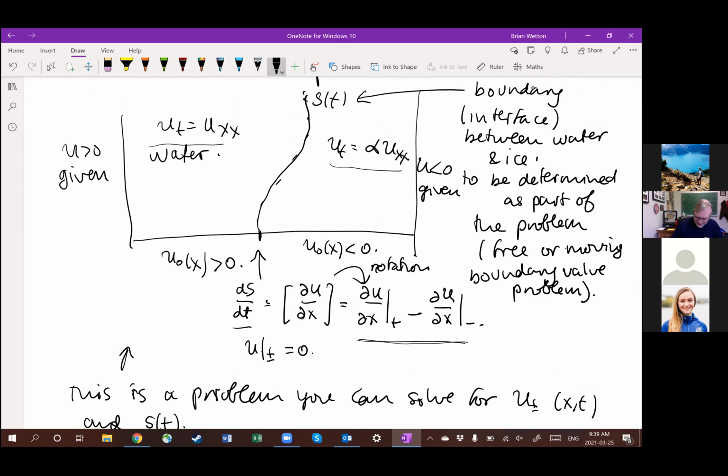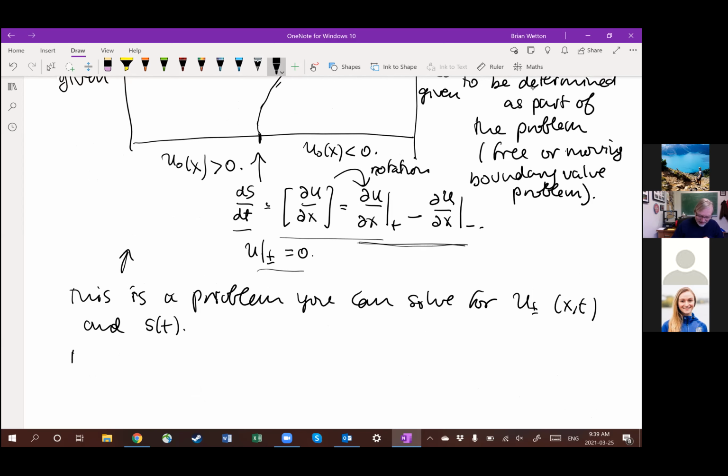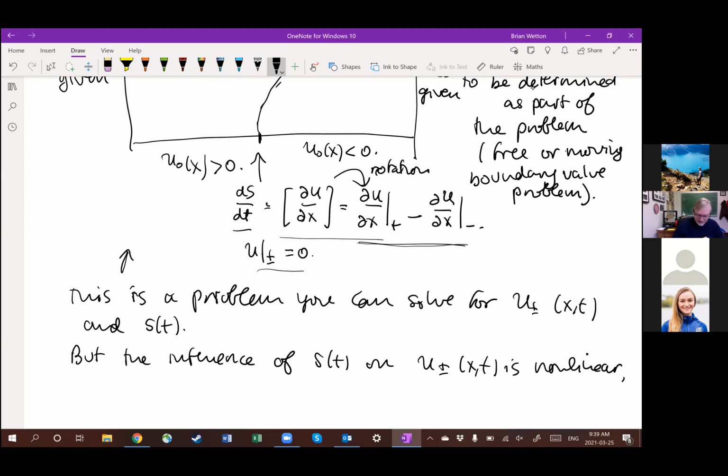I've got these conditions that look linear at the boundary, but I'll say the influence of s of t on u plus and minus of x and t is nonlinear. So the whole problem is nonlinear because you have to solve these things together. Let me come back to that and reinforce that a little bit. It's nonlinear.